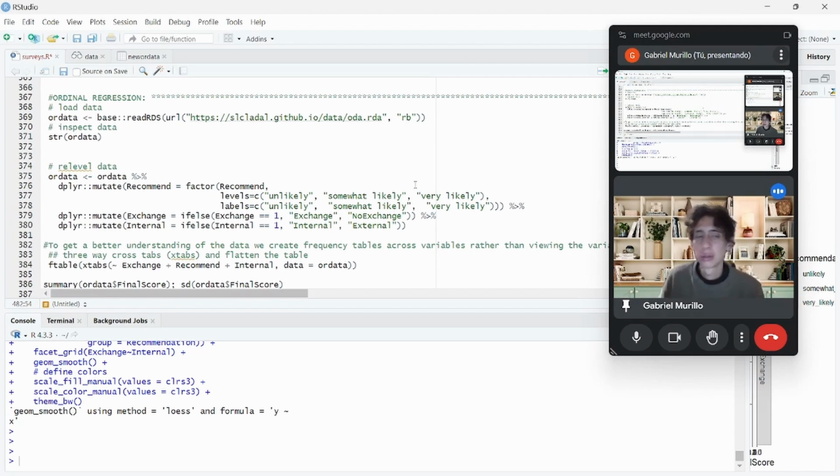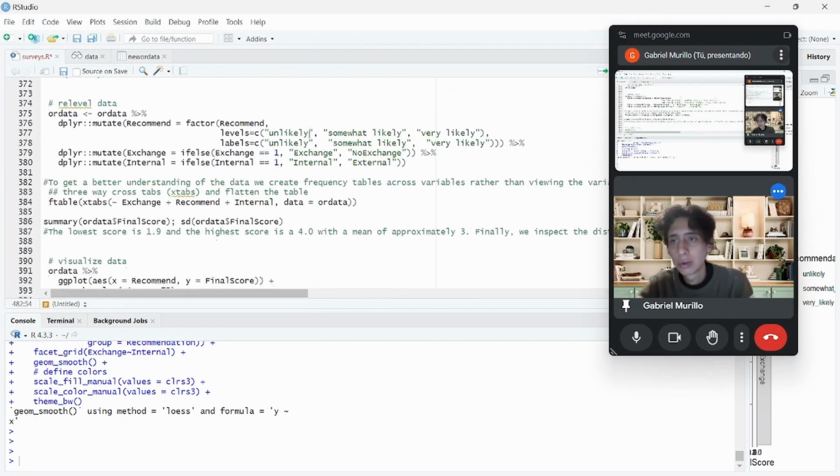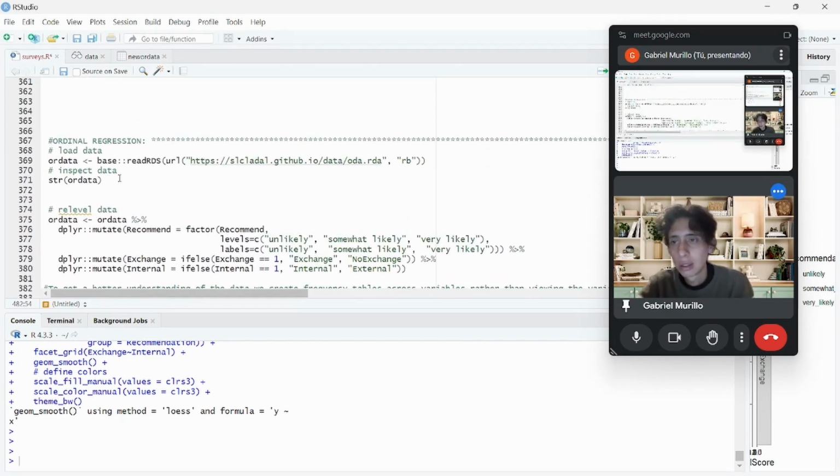Ordinal regression is very similar to multiple linear regression, but takes an ordinal variable as the dependent variable. So in order to implement this ordinal regression in R, we are going to load the ordinal dataset.